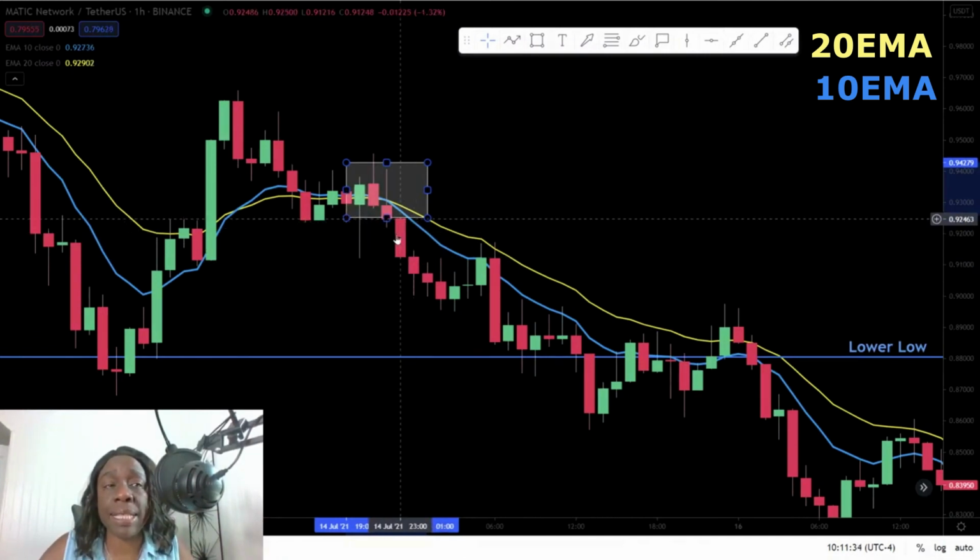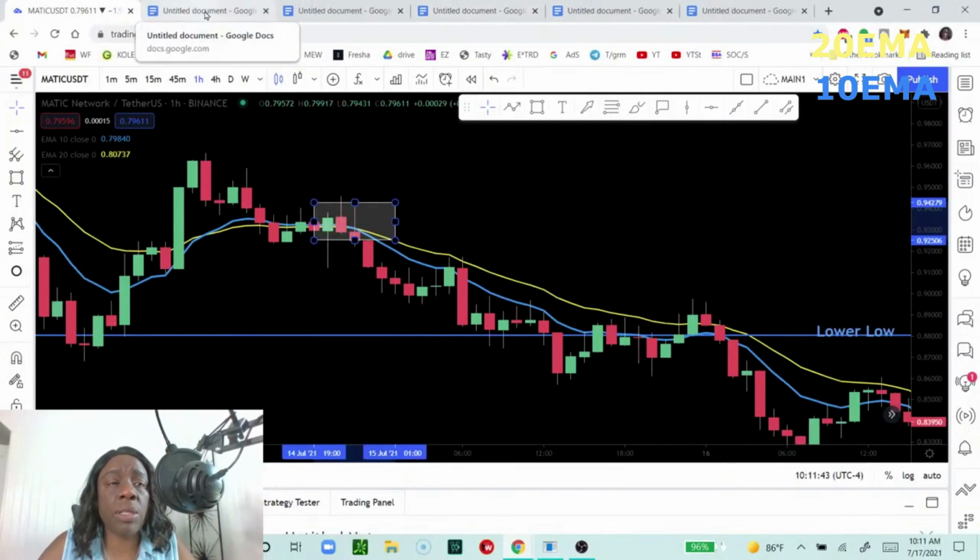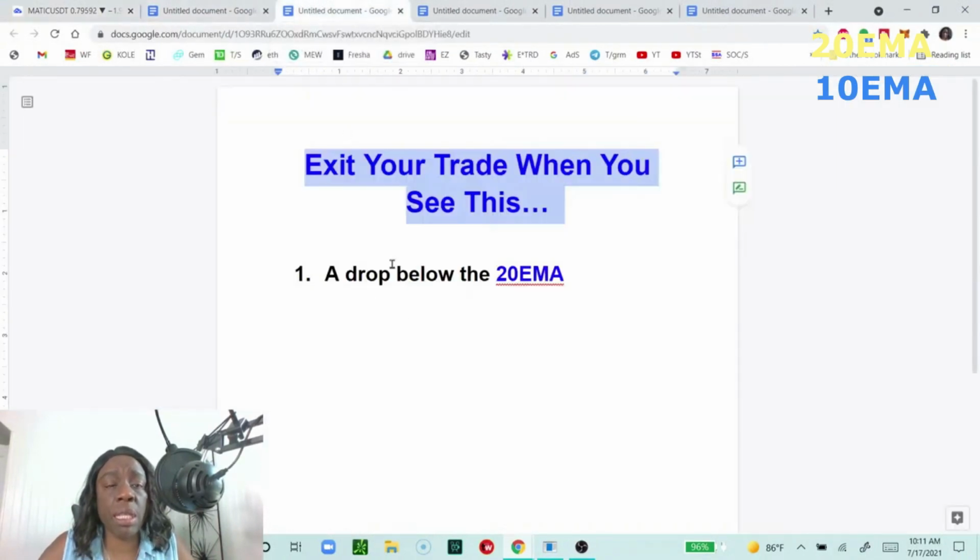So I wouldn't get into this trade until I see this full candlestick, a complete close on this candlestick. Very important. So that's the very first thing. You need a drop below the 20 EMA to exit a long position and possibly enter into a short position.